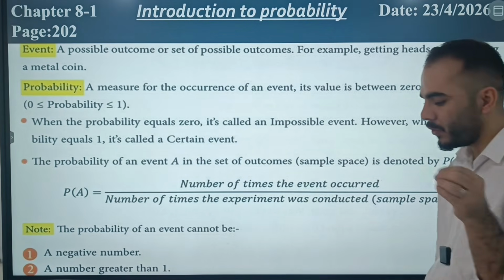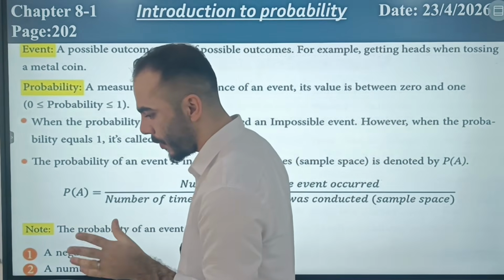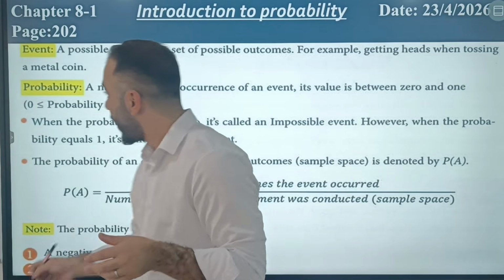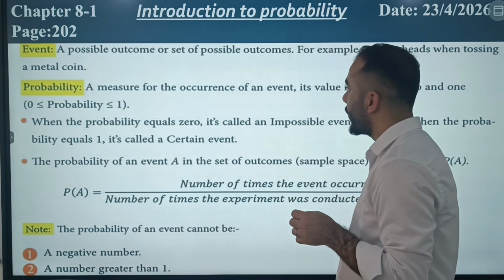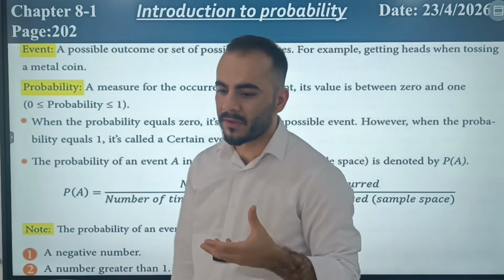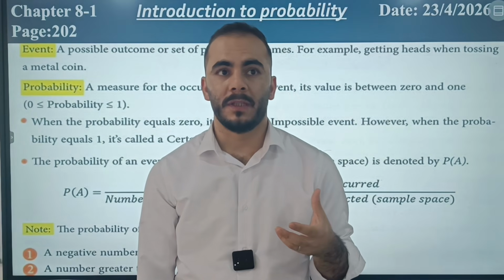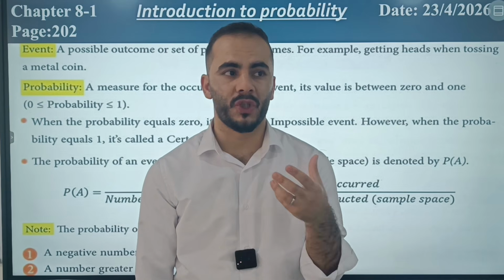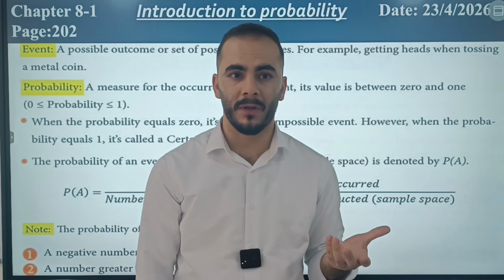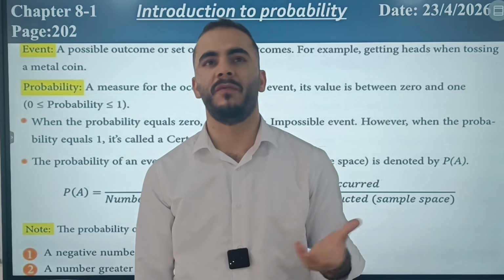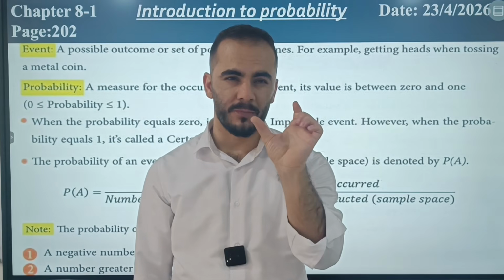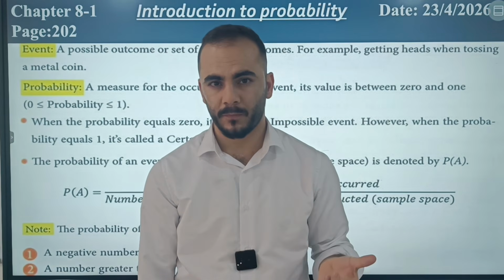How about probability, which is the most important definition here? Probability is a measure for the occurrence of an event. When we say the chance for an event to happen is, for instance, 50%, that measurement is called probability.